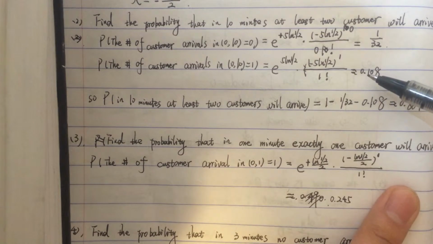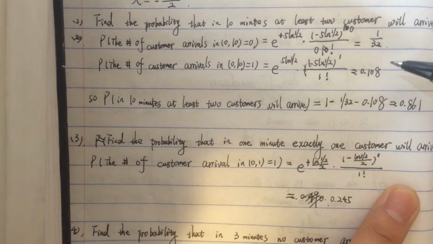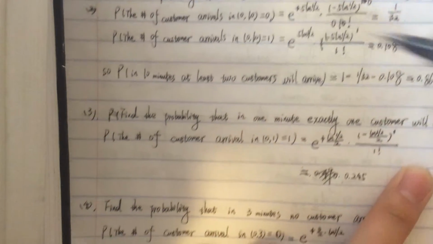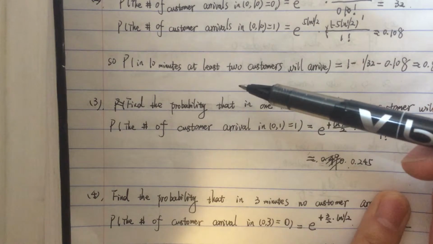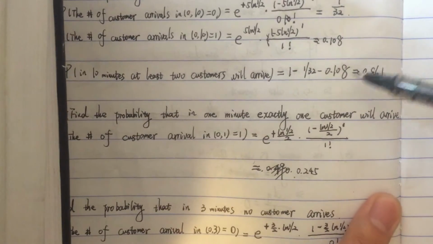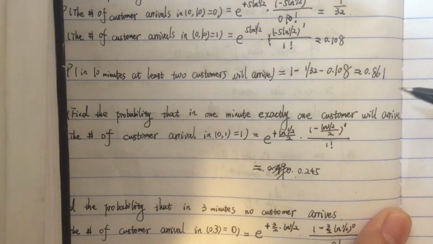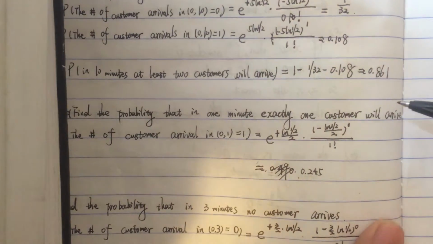And the second probability is 0.108. So the probability that in 10 minutes at least 2 customers will arrive equals 0.861.